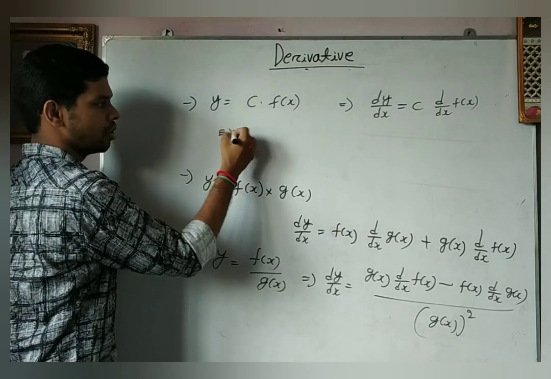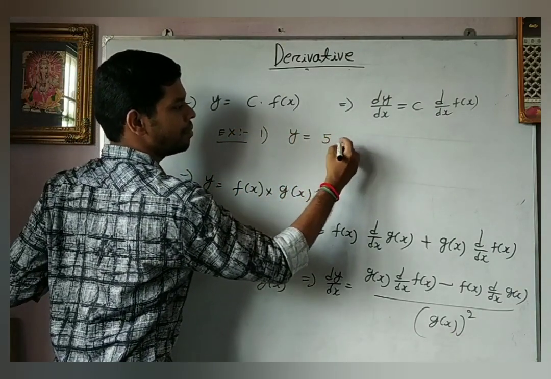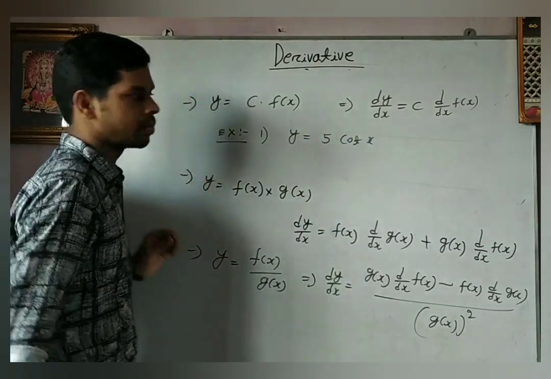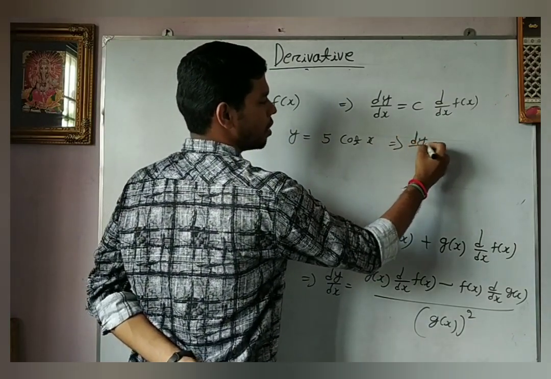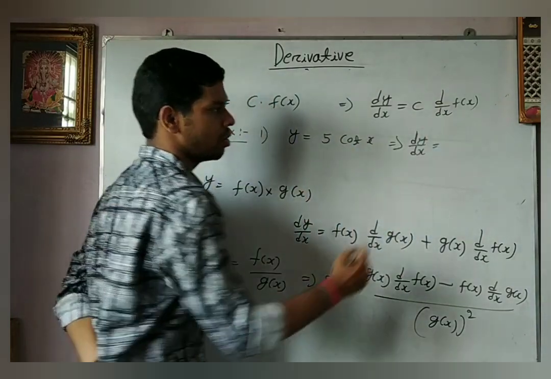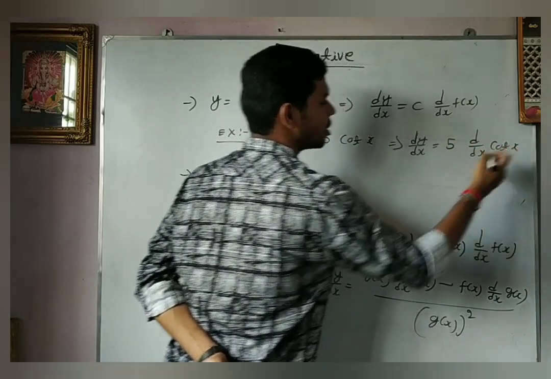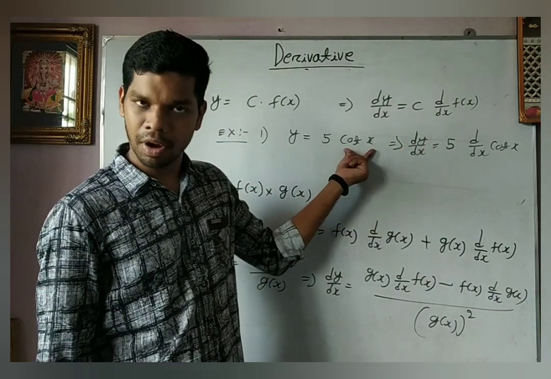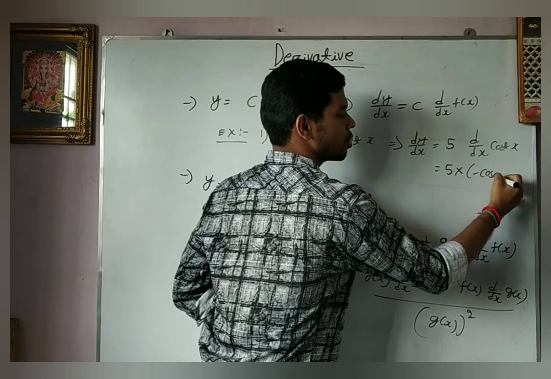For example, y equal to 5 times cot x. That means dy by dx equal to 5 times derivative of cot x. Simply we can take the 5 outside and simply take the derivative of cot x. 5 times minus cosec square x.